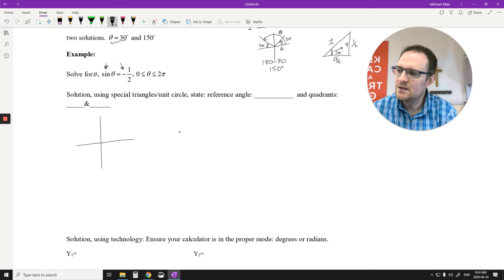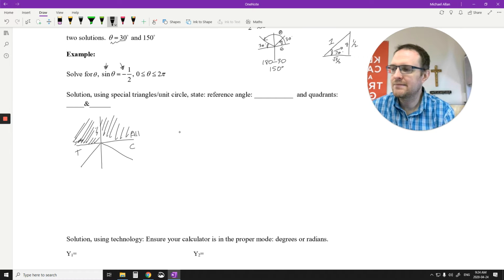So we know it's sine, so I'm going to be looking at which quadrants sine is negative in. Everything is positive in the first quadrant, so I'm not in this quadrant. Sine is positive in the second quadrant, so I'm not in this quadrant. Because I'm dealing with a negative sign, it's got to be in this quadrant and this quadrant.